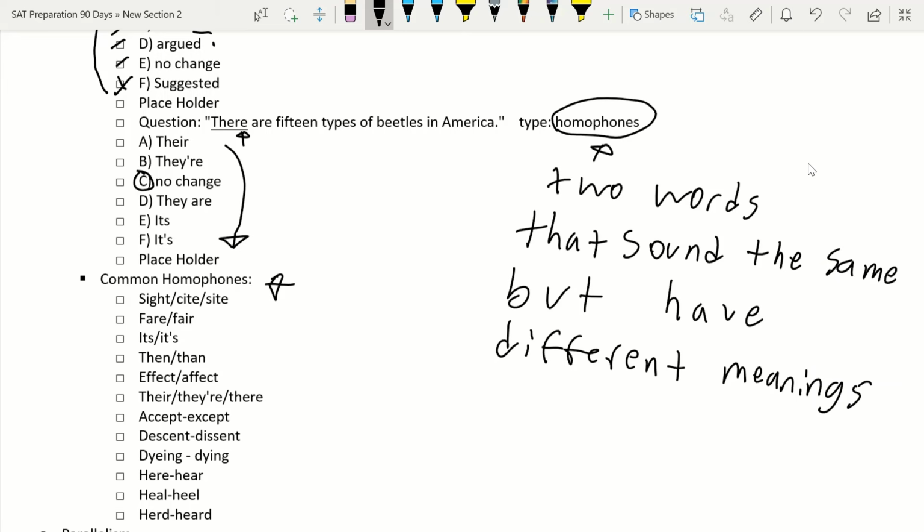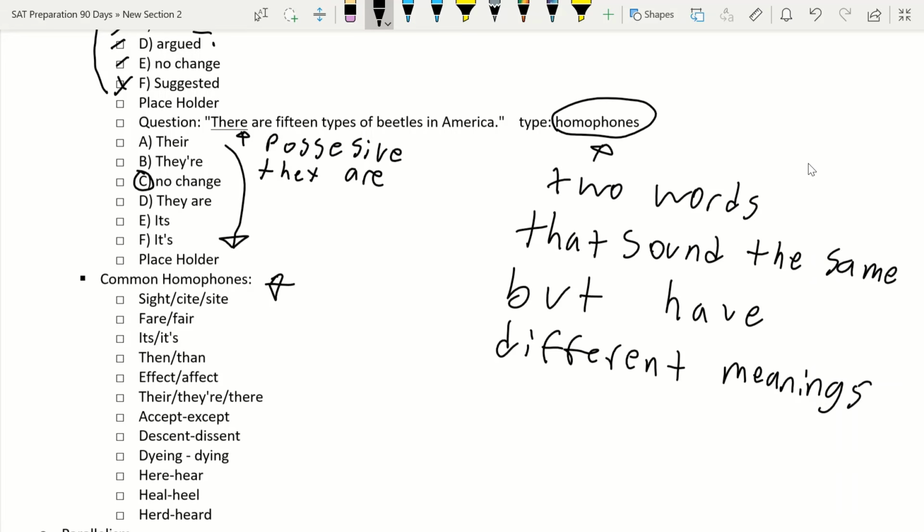So this there right here, this A is possessive, right? So if I was going to use that in a sentence, I would say, their bikes are red, right? That's indicating that there are multiple people, and that they own the bikes. The next there is they are. So that is an abbreviation for they are.